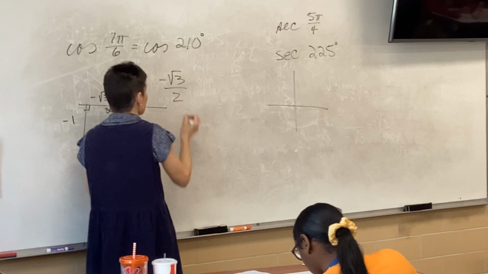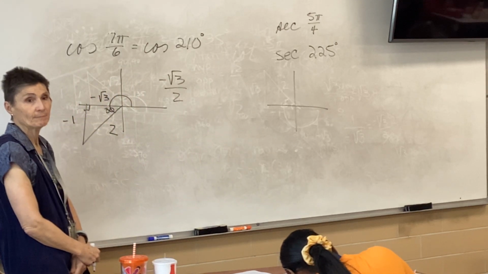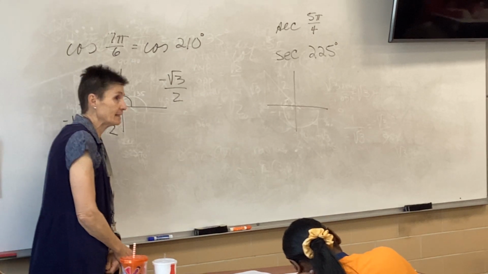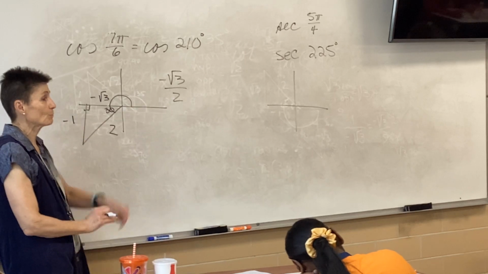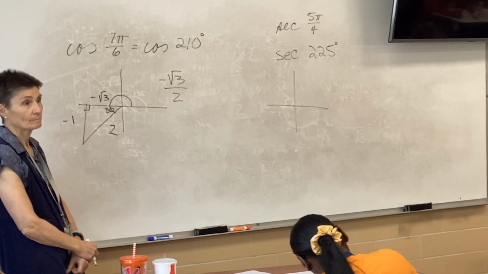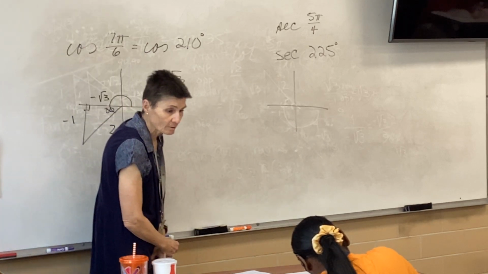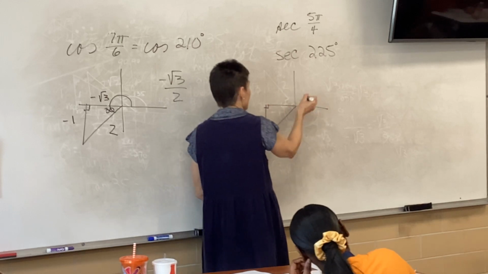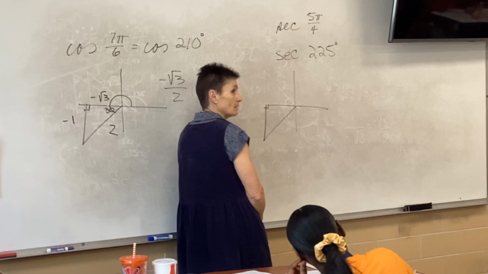Did anybody get negative root 3 over 2 as the cosine of 210? Perfect. Anybody not get it and need me to explain it? Negative root 3 over 2. So Sid's got this one in the same spot. She's got 225 in quadrant 3 also.